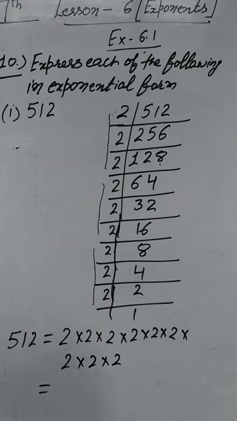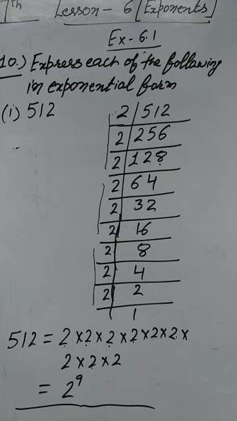Clear beta? Understood? Now look at how many times 2 is there. 1 2 3 4 5 6 7 8 9. So in the form of exponential we can write it 2 raised to power 9. Understood beta? Clear? I hope you understood this question very clearly.